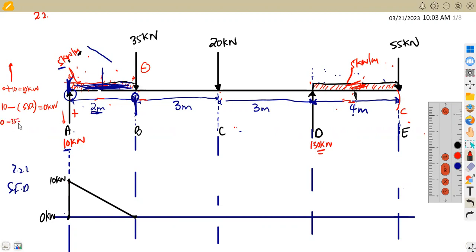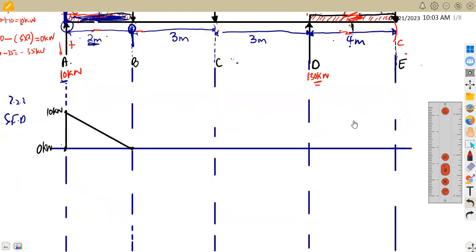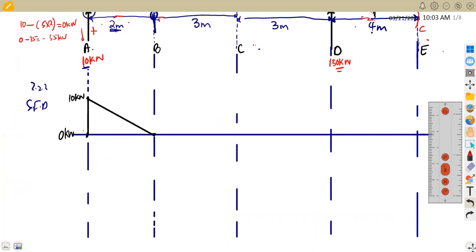So 0 minus 35 will be negative 35 kilonewton. So I'm going down to negative 35 according to the scale. Let's say my negative 35 is at this point. This is where I'm going to mark my negative 35 kilonewton, then I join from this point.